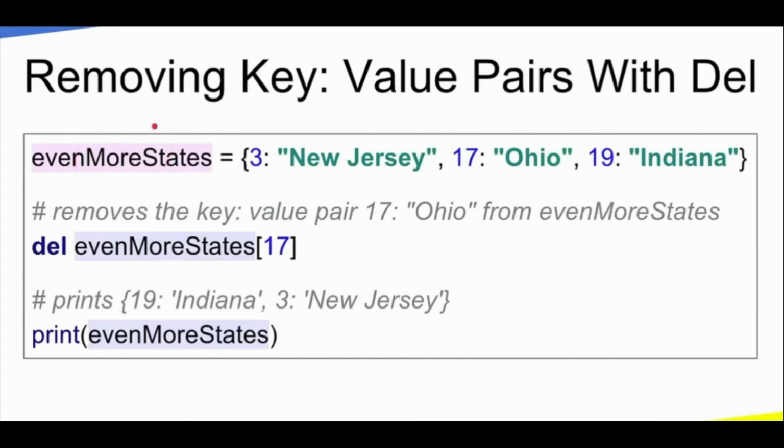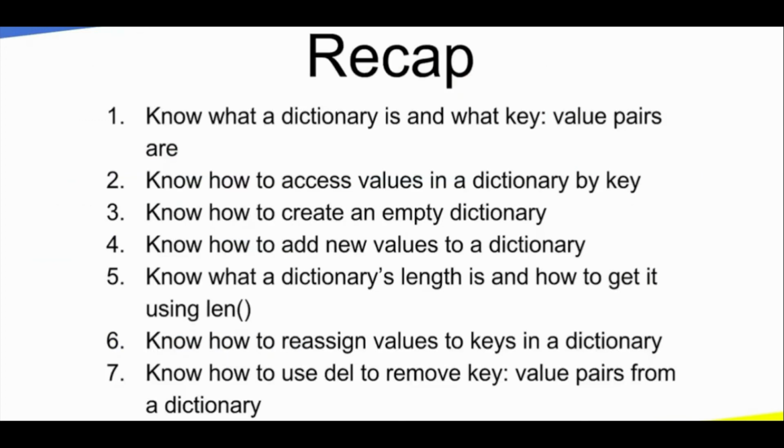So del even more states 17 removes the key and value for 17. Now when we print even more states, you can see we have only 2 left: first is 19 and then New Jersey.